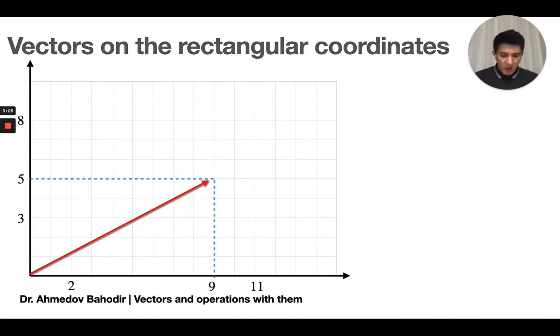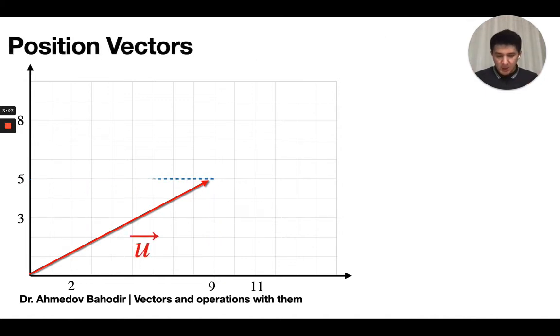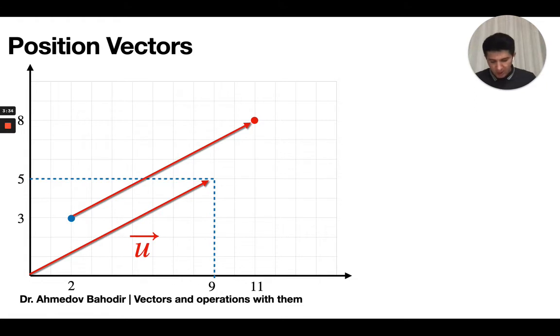So essentially, let me write it down. If your vector is given with starting point A with coordinates (2, 3), and ending point B with coordinates (11, 8), it is very easy to move this vector to the origin of the coordinate system.